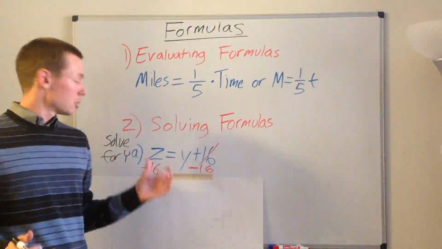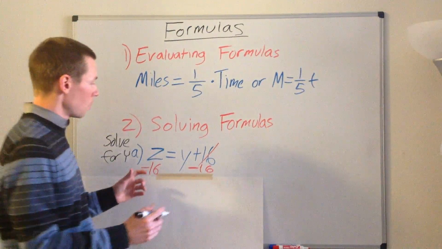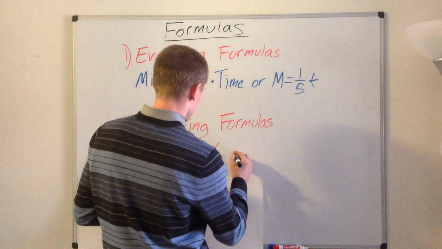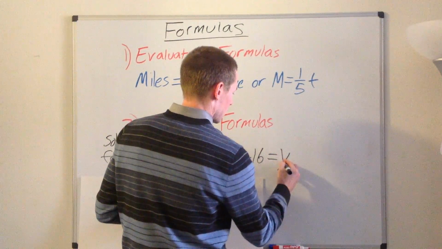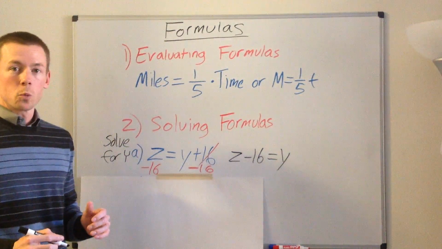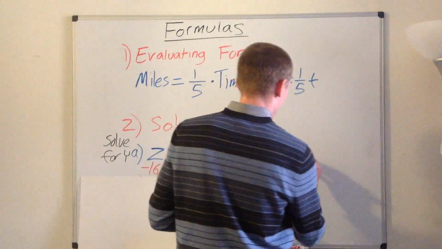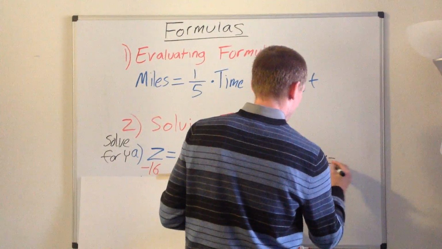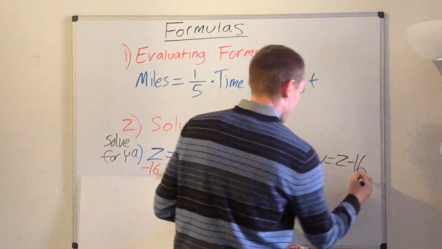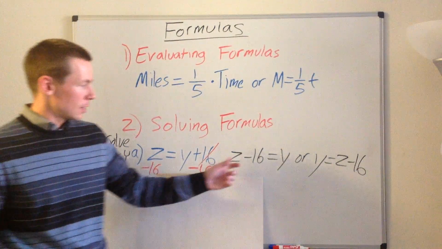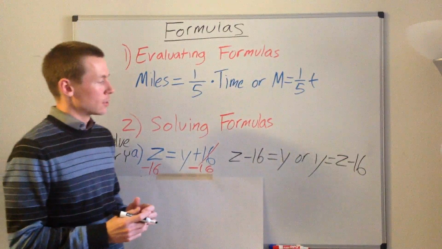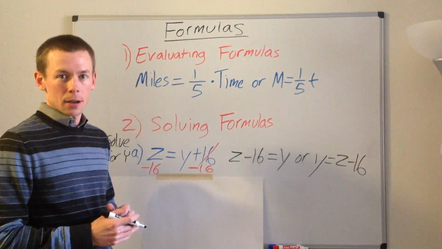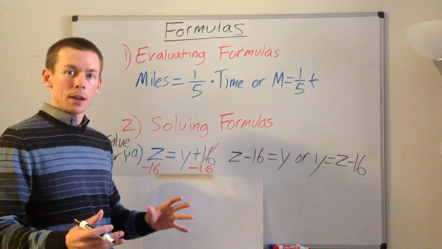That's all we can leave it as because they're unlike terms. But what we have now is z minus 16 equals y, or y equals z minus 16. It doesn't matter which side of the equation the y is on and the z minus 16 is on. Okay? So that's solving for a variable.